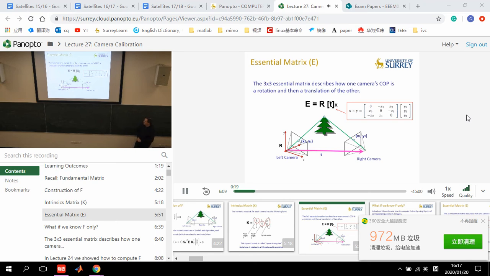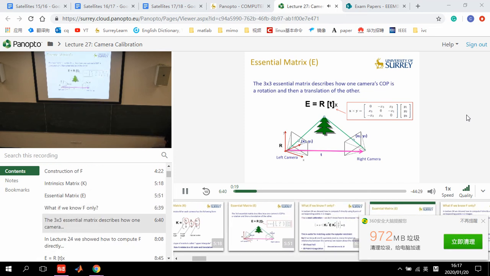So t is the translation of the camera's focal point of some reference, like the origin of the world, and t then is pushed through this rearrangement here. So imagine, t is what the x looks like in this red box. Its components get scattered in this way, such that it has the effect of making a cross product with the vector it's multiplied with. So E encodes the essential matrix.